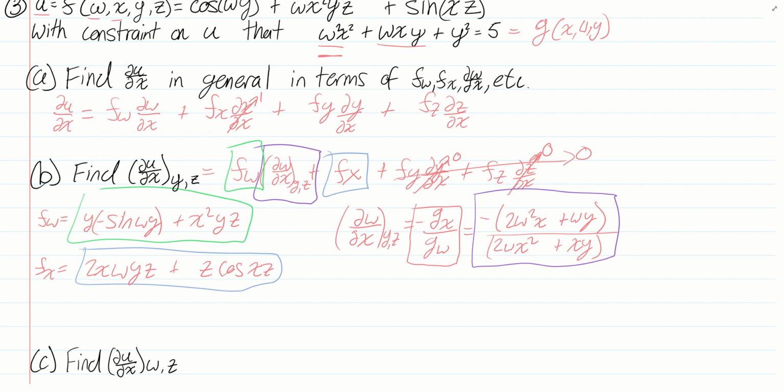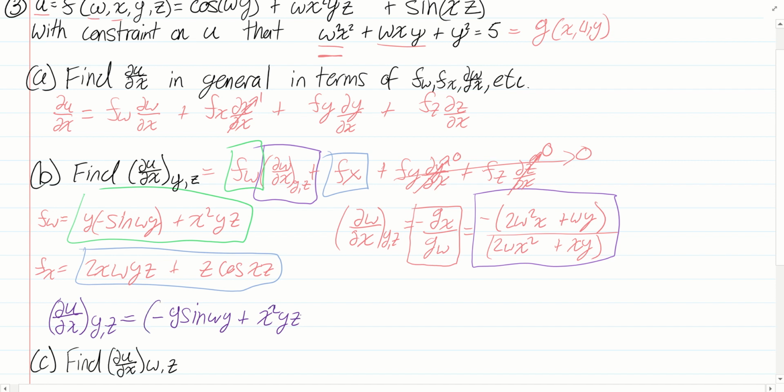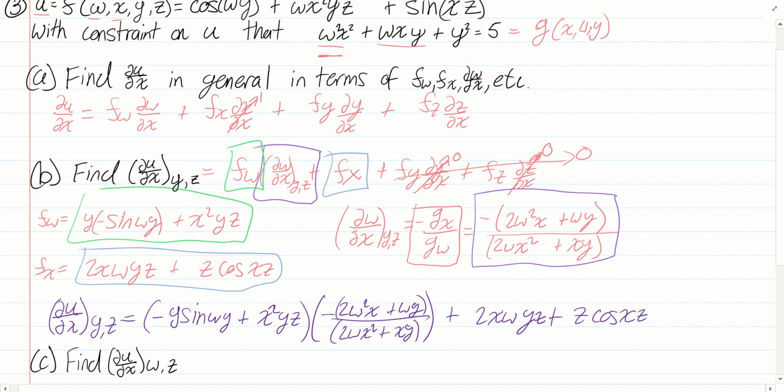So then we're left with the partial of u with respect to x, y, z becoming f_y, which is negative y sine wy plus x squared yz, times the partial of w with respect to x holding y and z constant, which is the negative of 2w squared x plus wy over, you keep parentheses on that, 2wx squared plus xy, and then plus f_x, which is 2x wyz plus z cosine xz. All right.